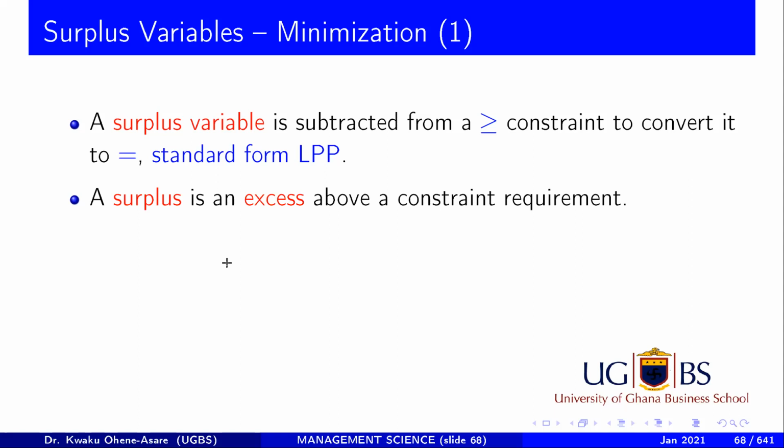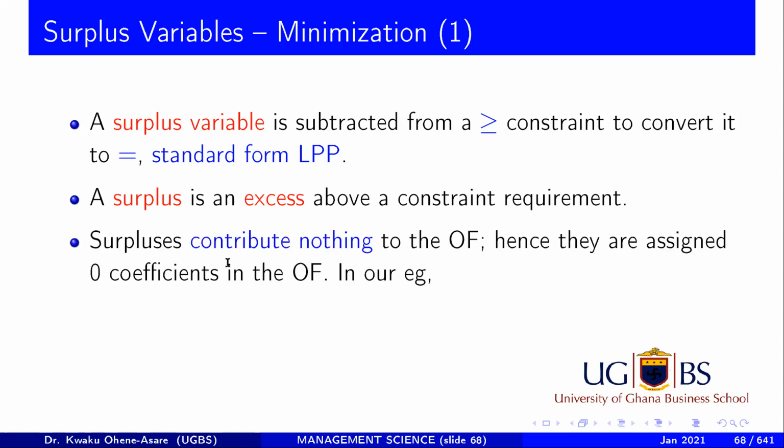Okay. And so if you do that and subtract the excess, then you are now going to attach an equality sign. Of course, the surpluses are things that are extra. So it's just like in a maximization when you have underutilized resources, and so it's gone. It cannot be retrieved again.